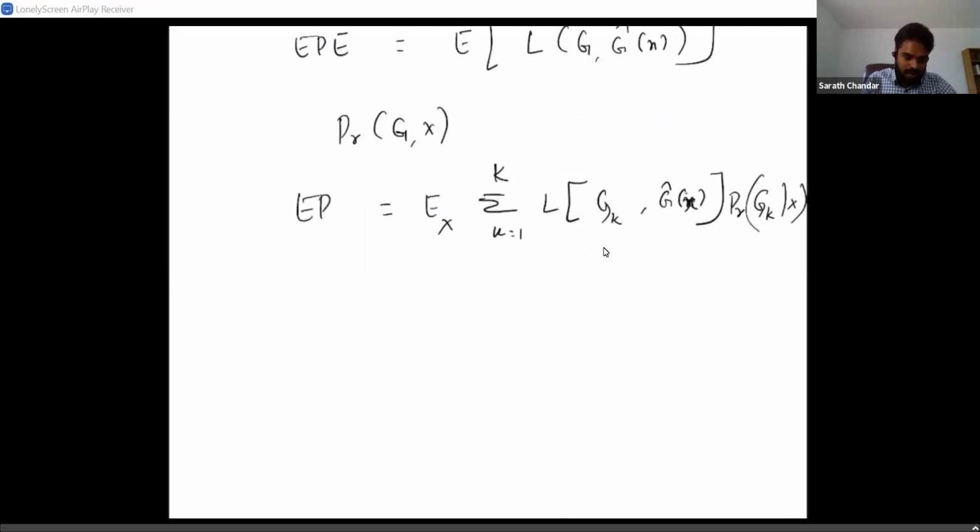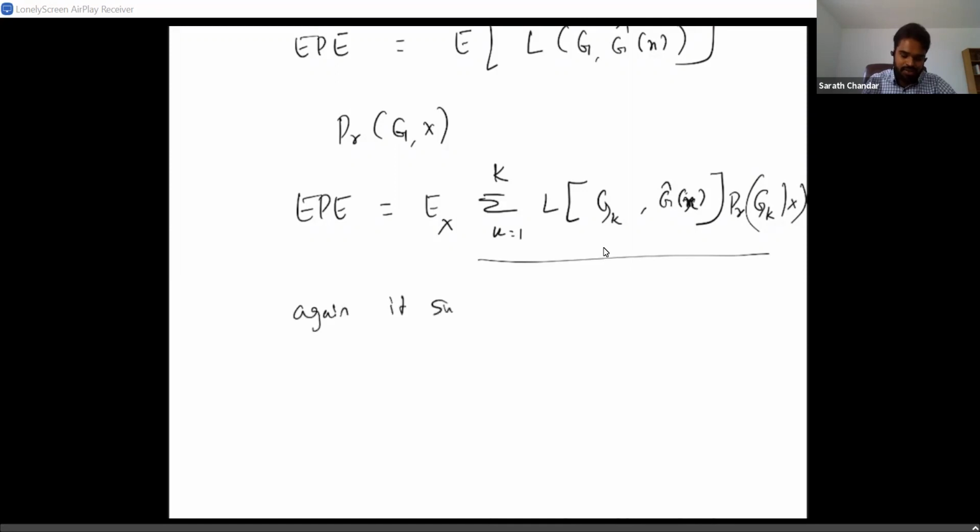The expected prediction error is given by the expectation over X, and then the expectation over G_k given X, which is given by this summation over all possible classes. So first of all, what is the probability that the class is G_k? If the class is G_k, what is the loss for this model, right?